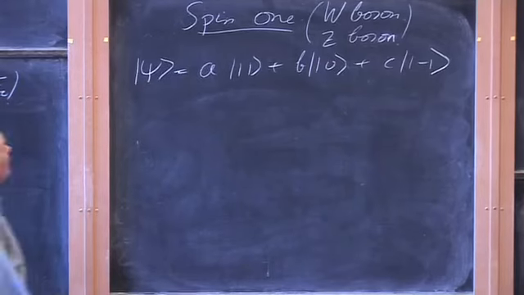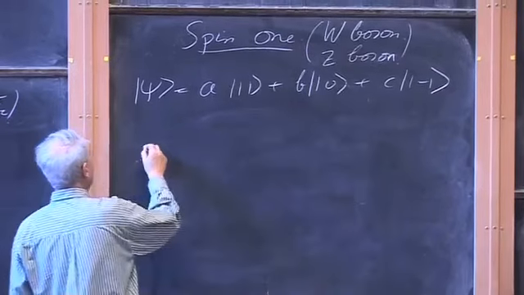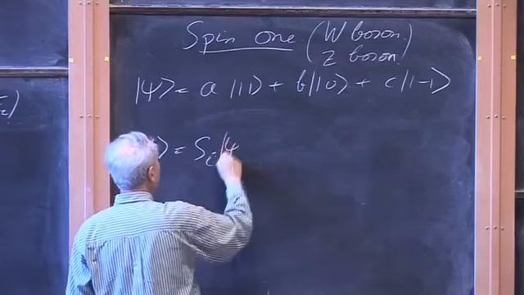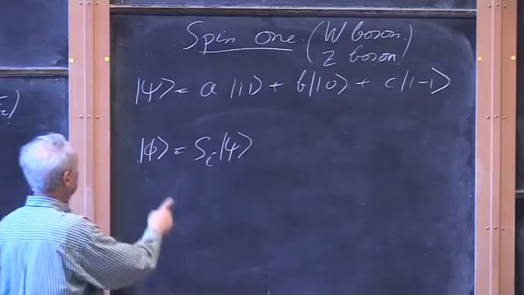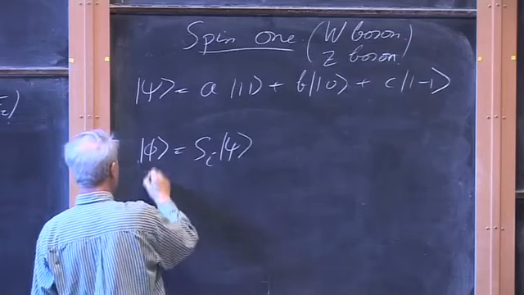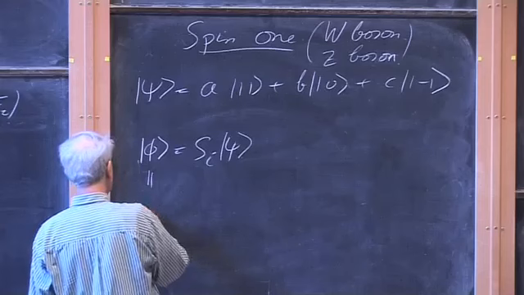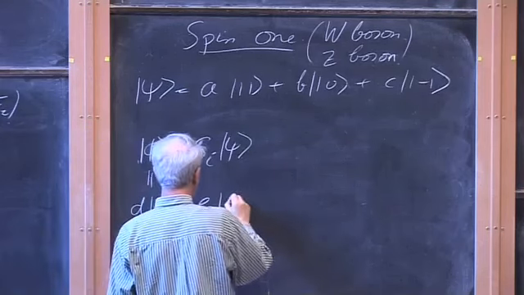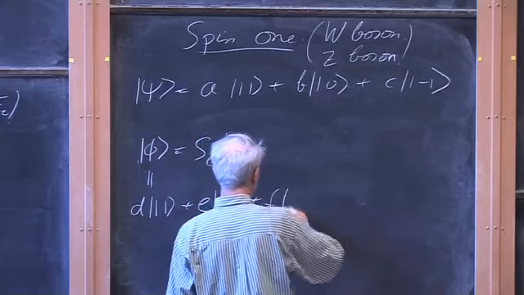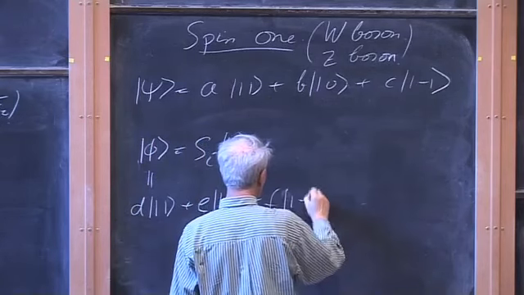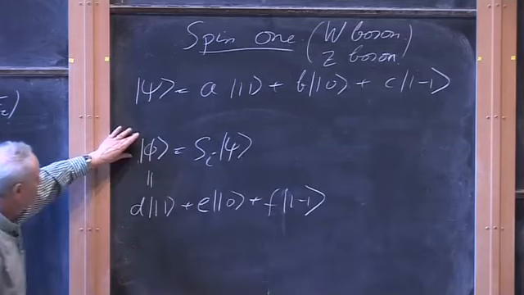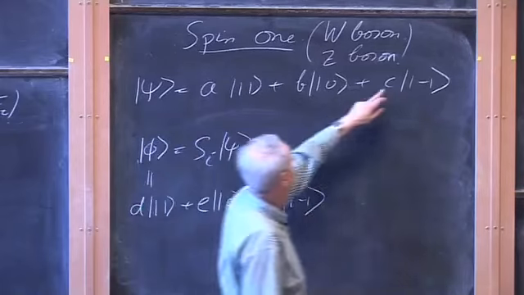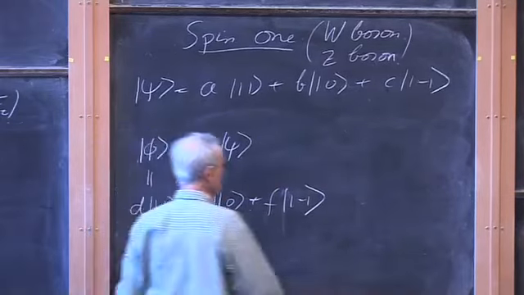The consequence is that if I have a spin operator, S_i, working on psi, that maps to a matrix problem where we write this as A, B, C. The result is D times |1,1> plus E times |1,0> plus F times |1,-1>. So this is represented by 3 complex numbers D, E, and F, and this is represented by A, B, and C, and there will be a matrix relation between these.